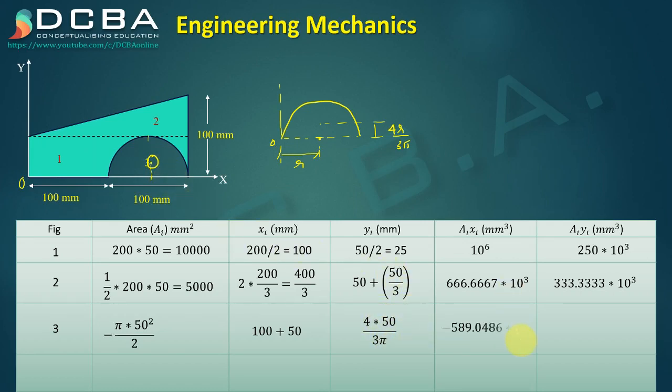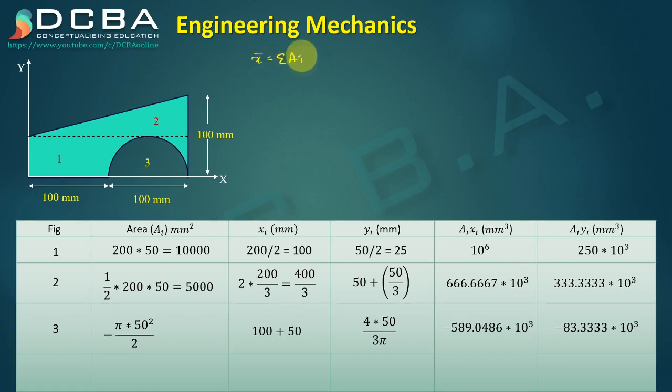We get ai as a negative area, a negative term, and ai yi as a negative term. Ai xi we get negative, and ai yi we get negative. Now the only thing left is, for this formula, x bar is equal to summation of ai xi upon summation ai.